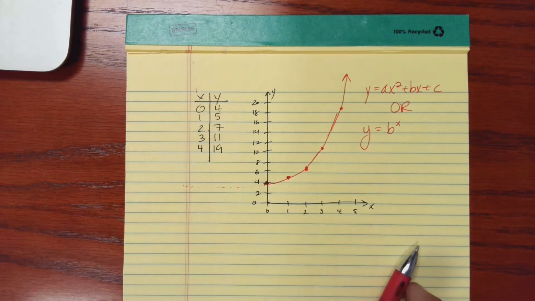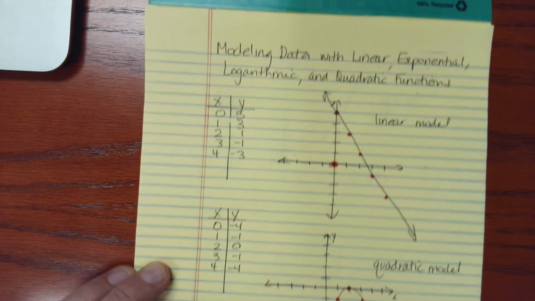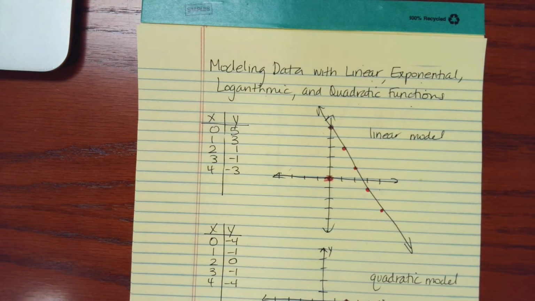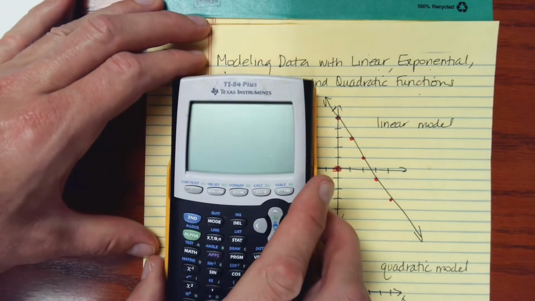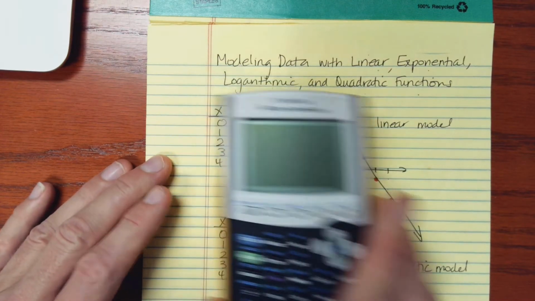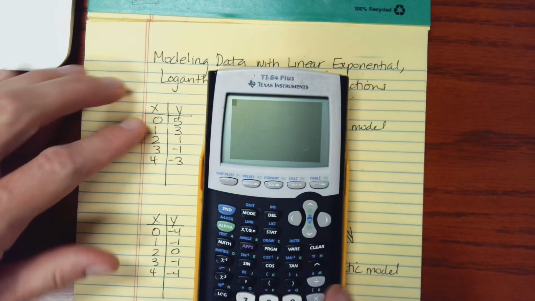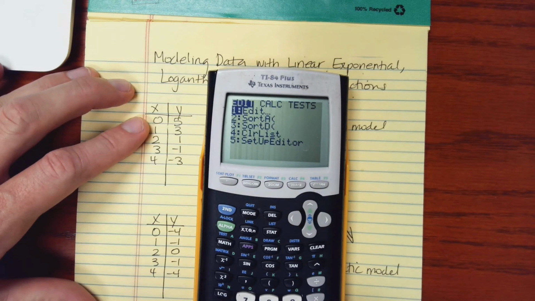So I'm going to go back to our previous examples and show you how to use your calculator to determine a model. So let's see. The first thing I want to do is to input the data in a table. So I'm going to go to my stat menu and I'll edit.